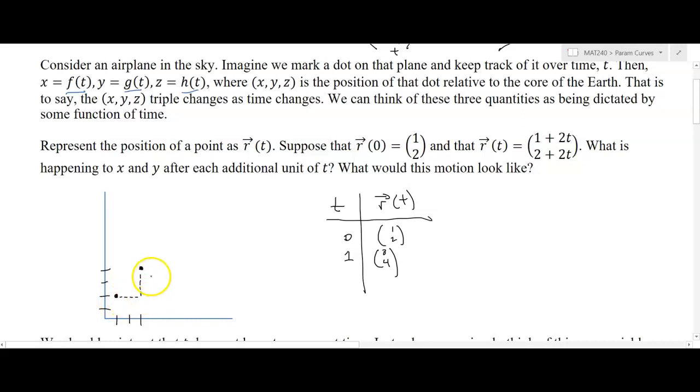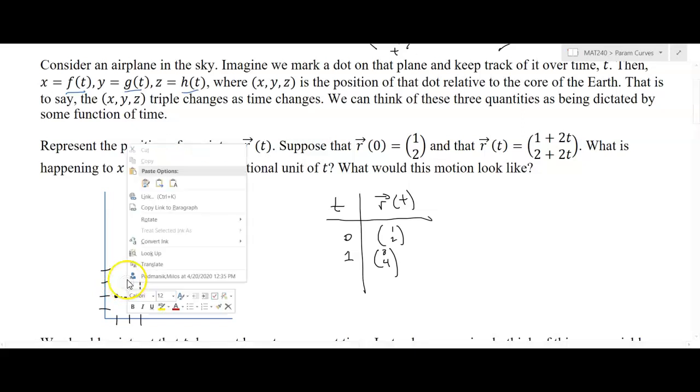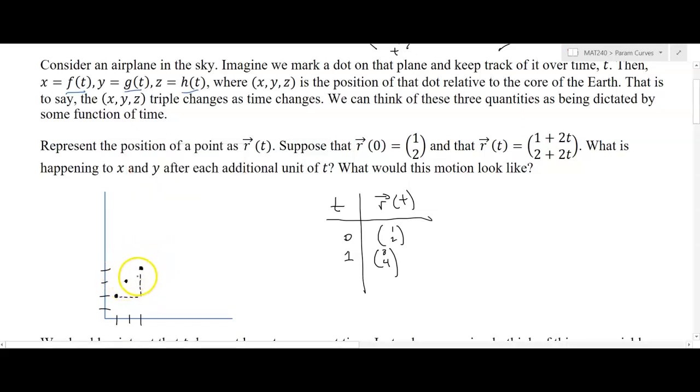It did not go in an L shape, because we could also plug in 1/2 for t, and we could see that the particle would be somewhere halfway in between those 2 points. And so 1 second after that, plugging in 2 for t, we would get 5, and here we would get 6. So now the particle is at the point 5, 6.